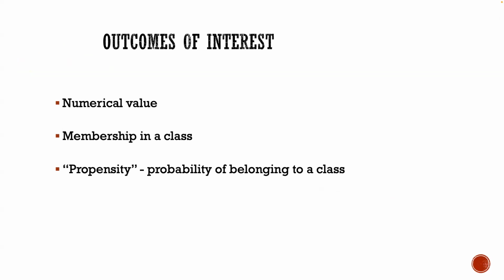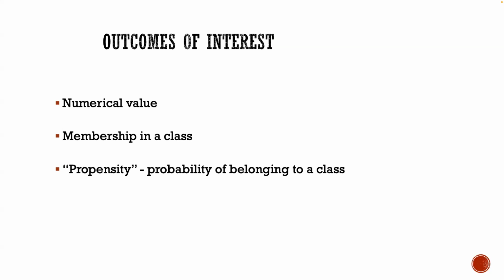So when we are evaluating performance, the outcome that we are looking at is either a numerical value. We are predicting something, let's say what the sales are expected to be if we were to choose this customer. That's an example of a numerical value that we are predicting. It could be membership in a class, which is the classification problem that I just mentioned, segmenting customers, for example, high-paying customer versus low-paying customer.